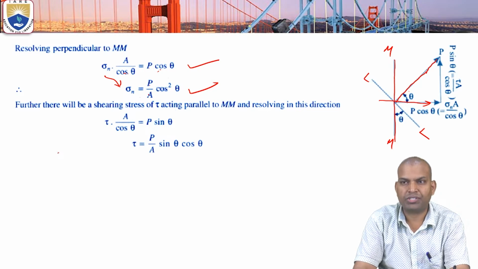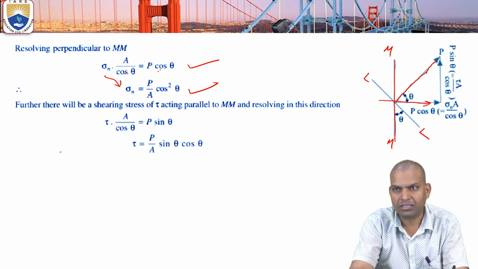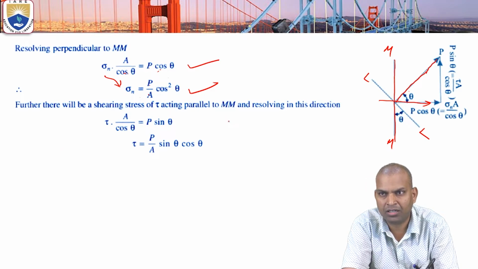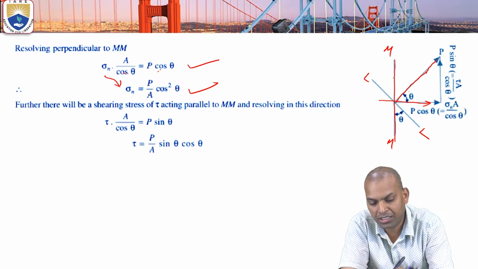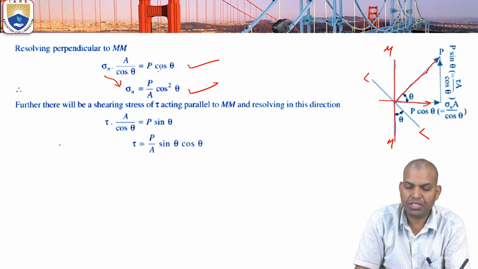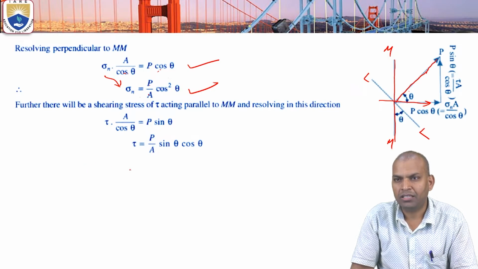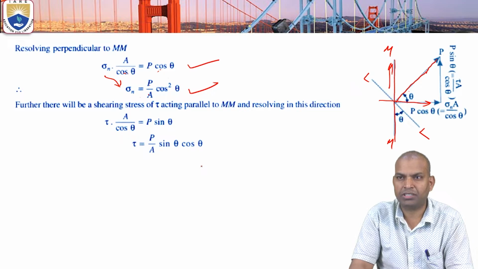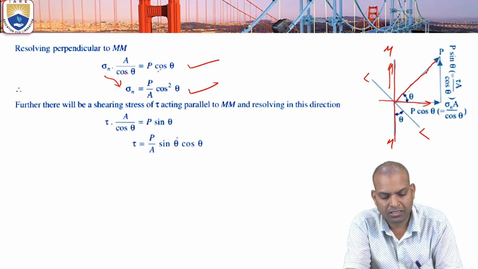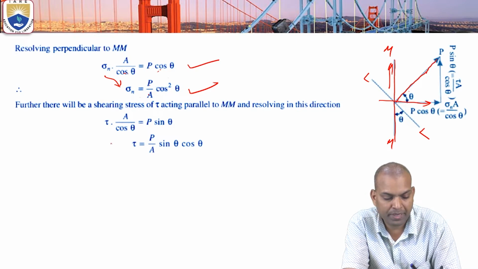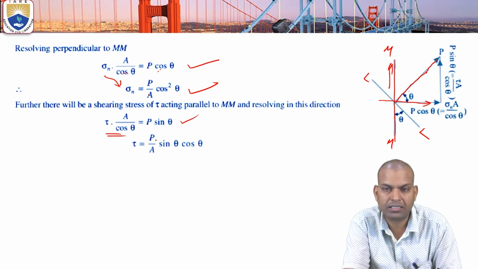This is the normal stress on that section plane MM. Now there will be shear stress tau acting along the direction of MM, and resolving in this direction, that is P sin theta. That P sin theta is nothing but tau times A by cos theta. Tau times A by cos theta equals P sin theta.